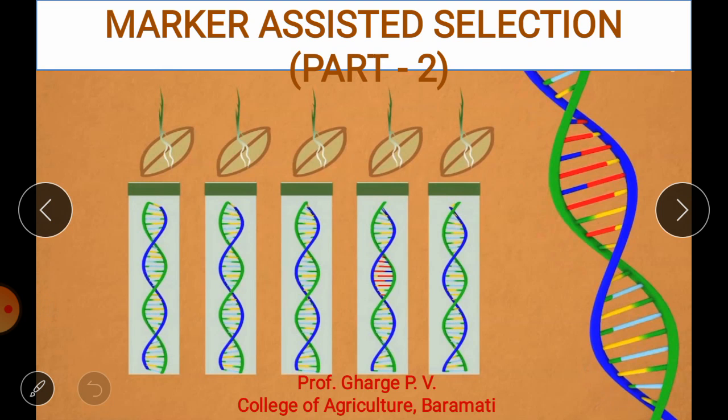Or a marker is nothing but a piece of DNA which is associated with a trait of interest in an organism. It is a small piece of DNA which may be tightly linked or loosely linked to the character. When we identify that piece of DNA, it also gives more chances to observe the same character in that individual.